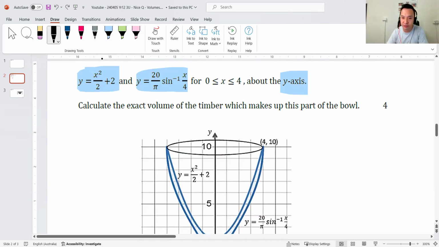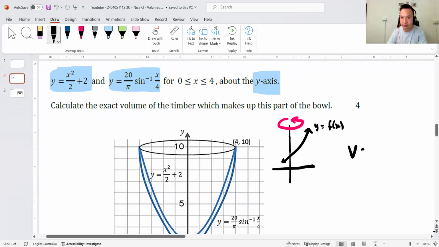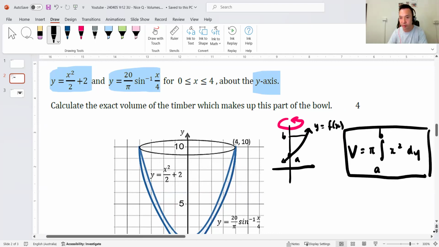Generally speaking, if I had any function, y equals f(x), and I wanted to rotate it about the y-axis, the formula for this would be volume equals pi times the integral from a to b of x squared dy. That's really the formula at play here. That's the one I care about.